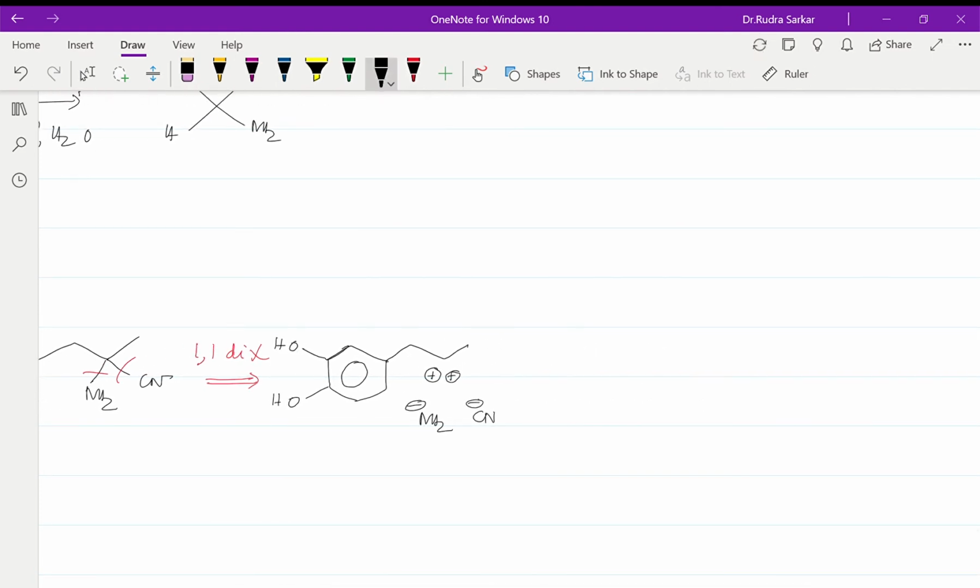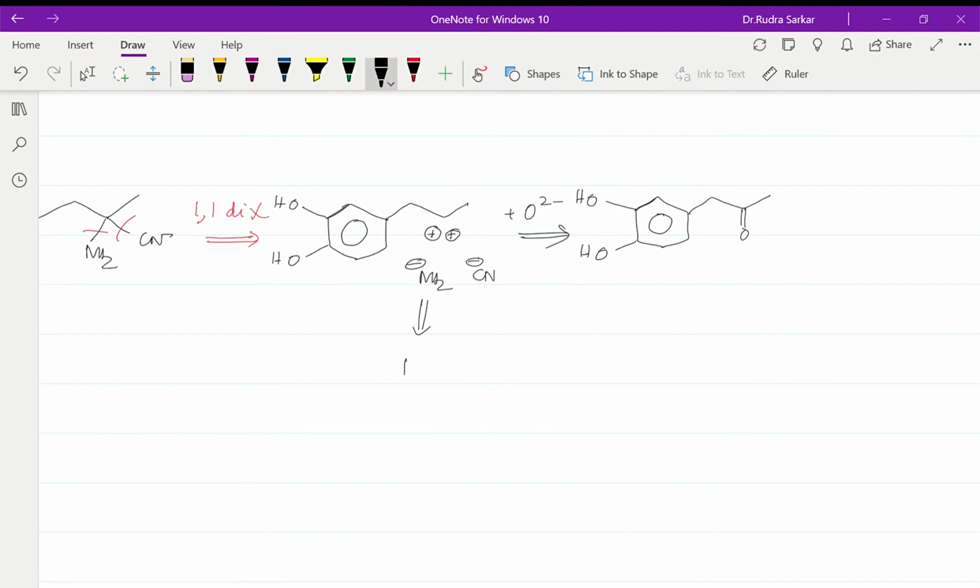So from here the synthons will lead to the formation of, say if we add O2 minus, then what do we get? This type of a ketone, and obviously from NH2 minus we will get NH3, and from CN minus we will get HCN.